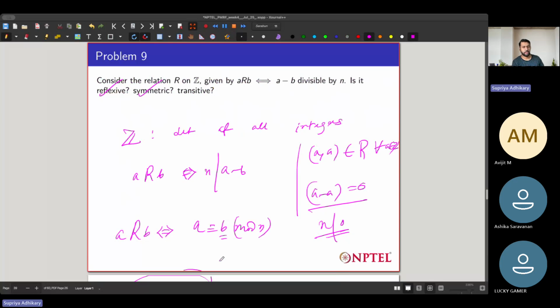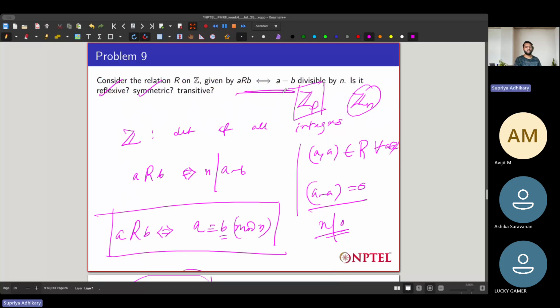So this is nothing but the residue class. We have seen Zn or Zp, those kinds of classes. Those are basically the same as this relation.